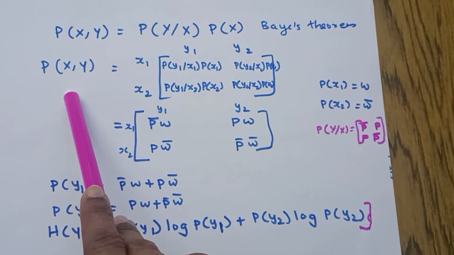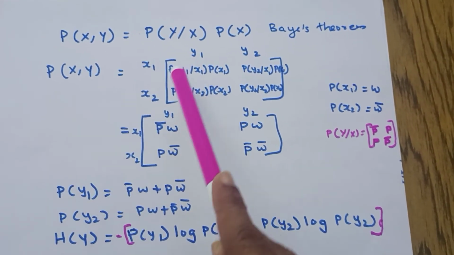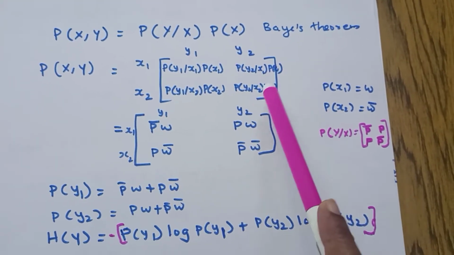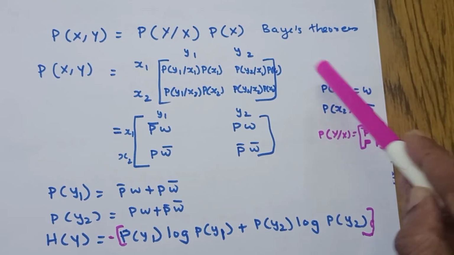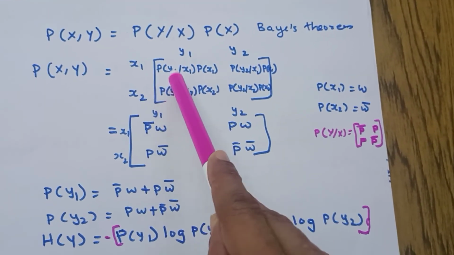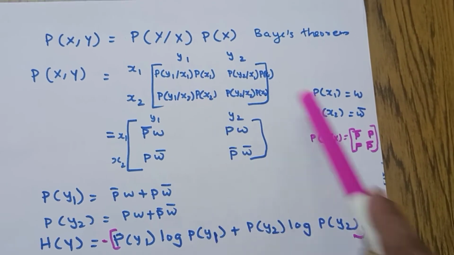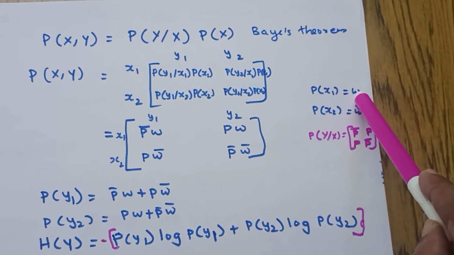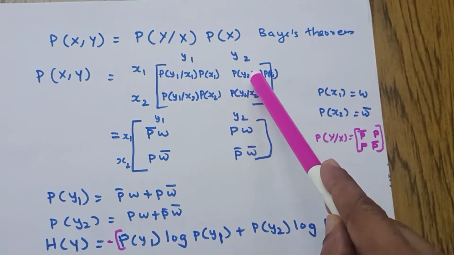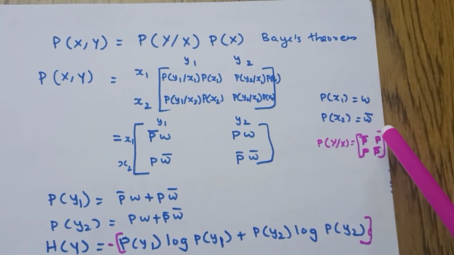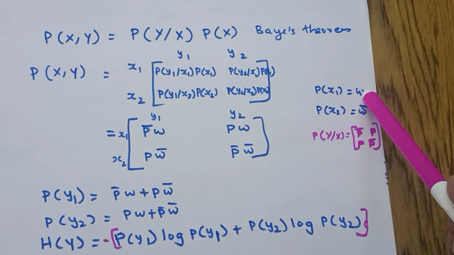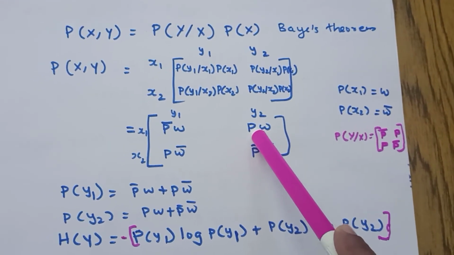Then, for getting P of x comma y, we get P of y1 given x1 into P of x1, that is P bar into w. Here, P of y2 given x1 into P of x1, that is P into w, that is Pw.